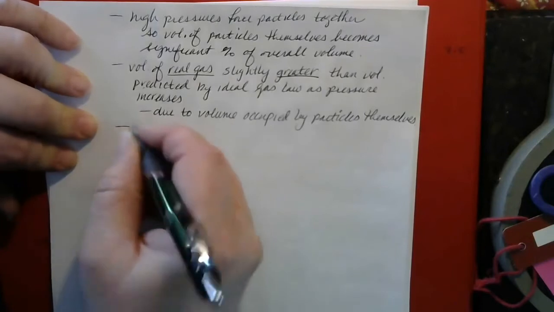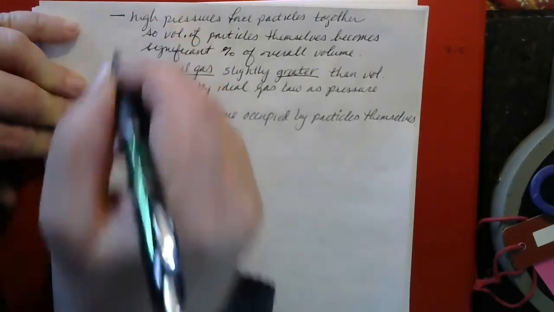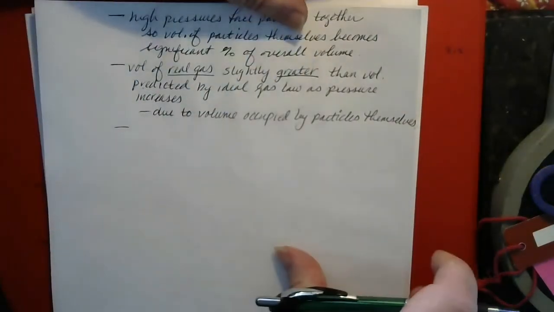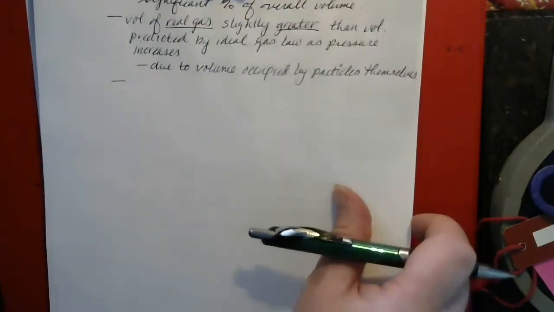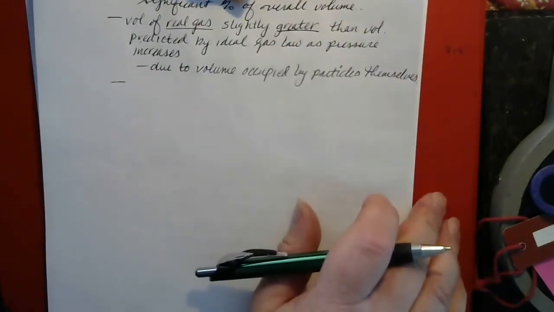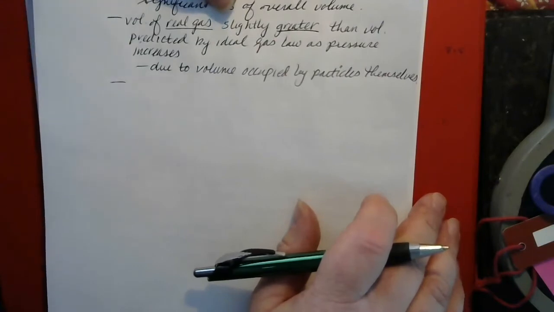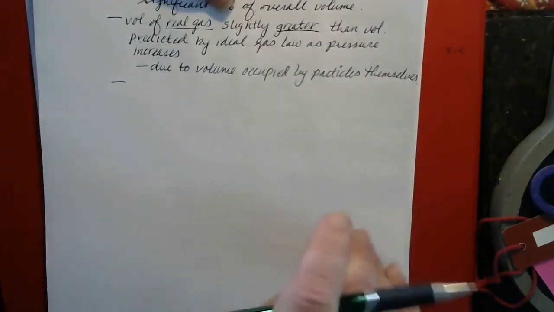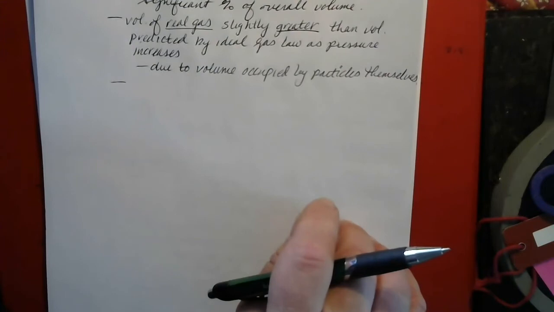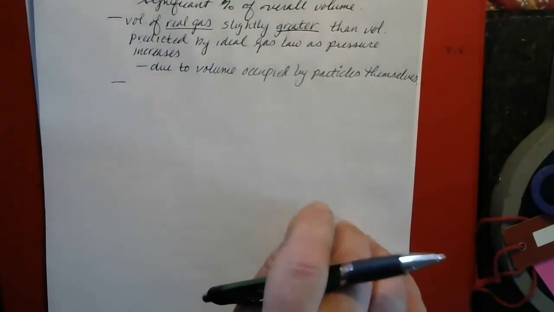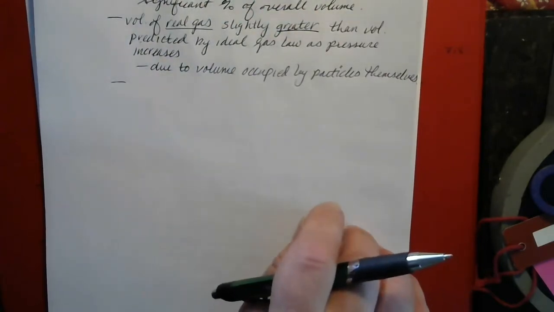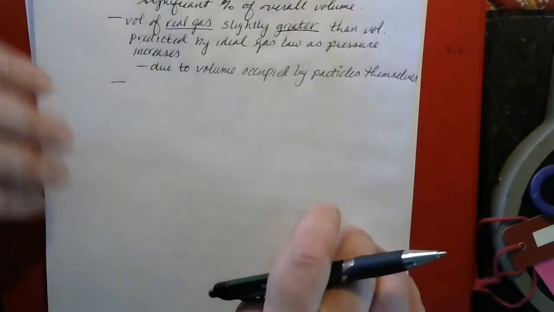There was a scientist by the name of Johannes van der Waals, or van der Waals, if you prefer to pronounce it that way, who studied gases and their behavior. And he came up with a lot of the information on intermolecular attractions, which we'll be dealing with in a moment. But he also came up with the equations that correct for non-ideal behavior among gases.